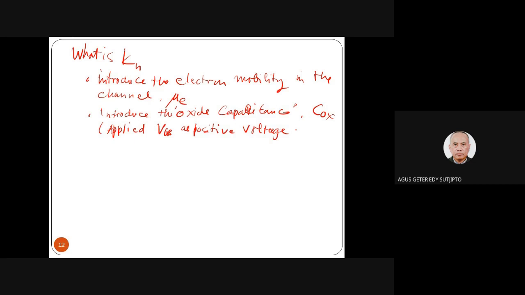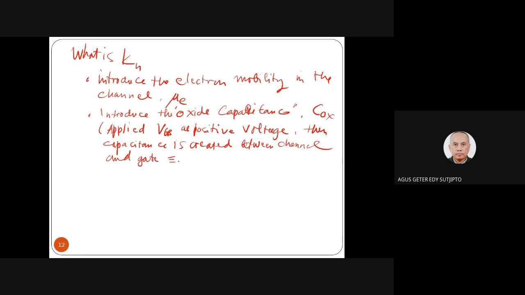When we apply a positive VGS voltage, a capacitance is created between the gate and the channel.